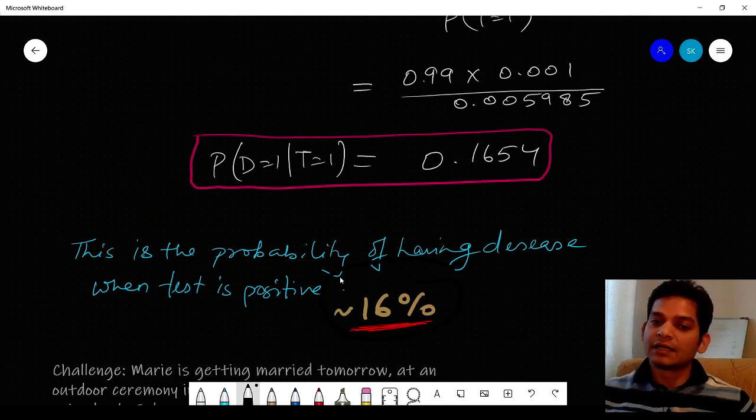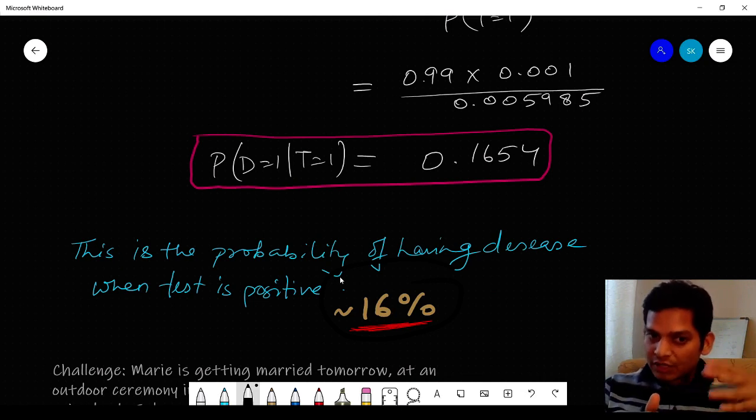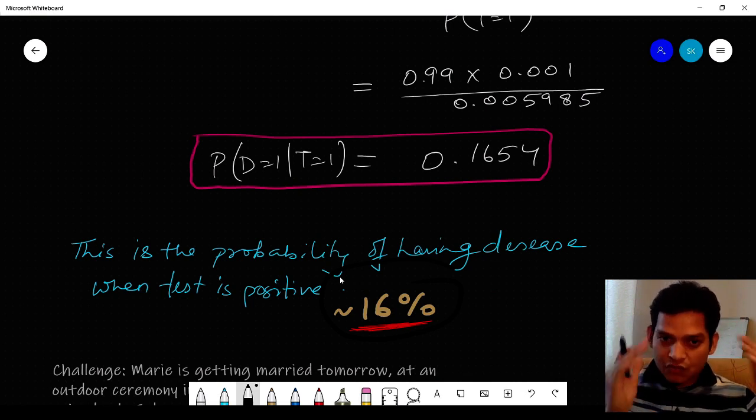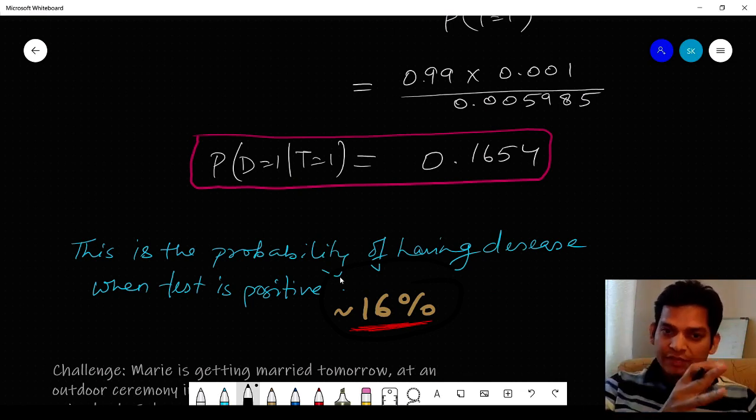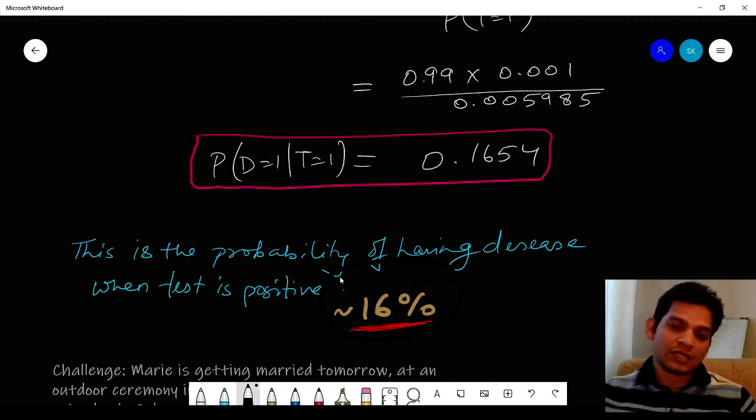Hope you're understanding. This is very important. The test is already positive. What is the chance that he will have the disease? It's 16%. If you come out of these Bayes theorem concepts and look at reality, this is actually very low. That means the test is not giving a clear picture.